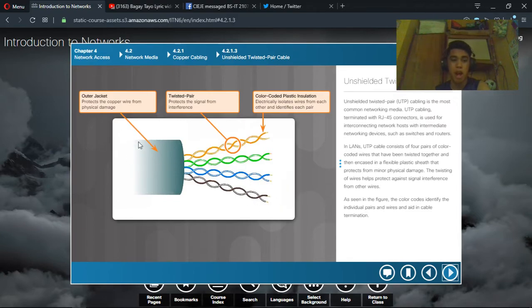It provides an outer jacket to protect the wires inside, and the twisted pair protects the signal from interference like EMI and RFI, and the color-coded plastic insulation electrically isolates the wires from each other and identifies each pair. The colors identify each wire, the twisting protects the signal from interference, and the outer jacket protects the copper wire from physical damage.